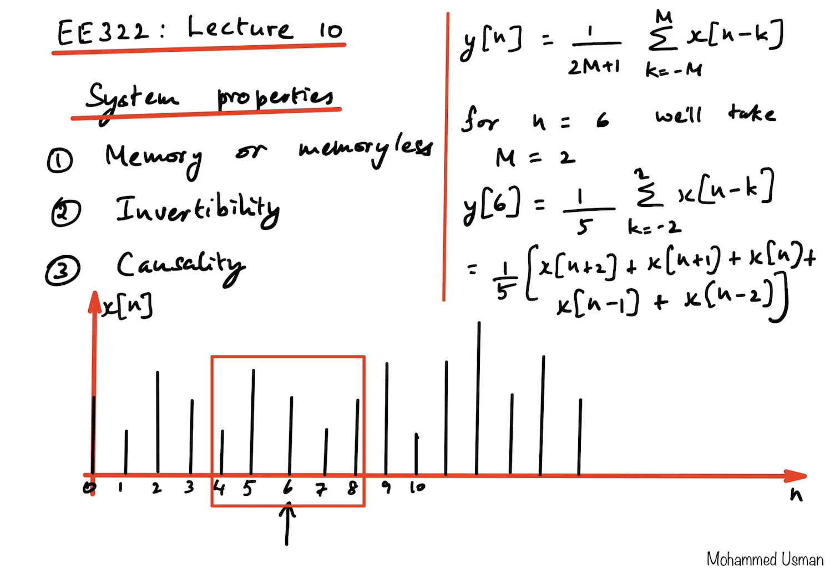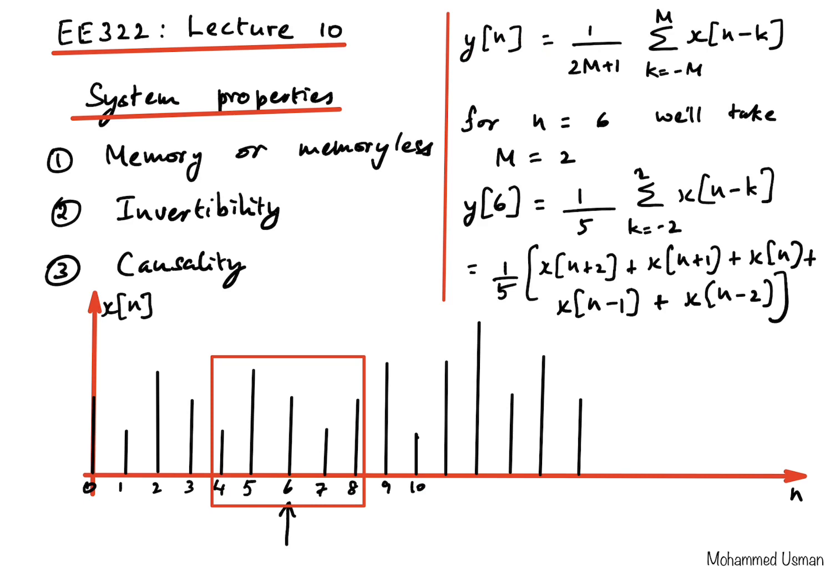But what we notice here is that for any index value n, the output y of n depends on the future inputs, the input values at the higher index, which are to the right of it, as well as the past indexes. So this is a non-causal implementation, but it is physically realizable because the x-axis here is not representing time.